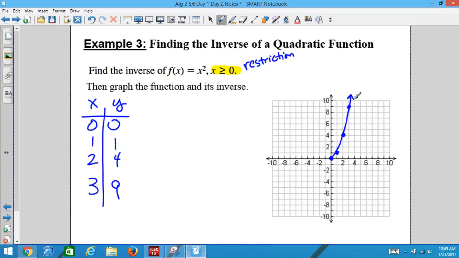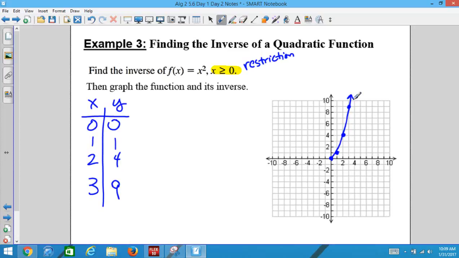That's that parent function that we drew 400 times in class. Only graphing positives. You might want to draw both sides of the parabola, but this specifically says there is a restriction. You can only graph part of it.